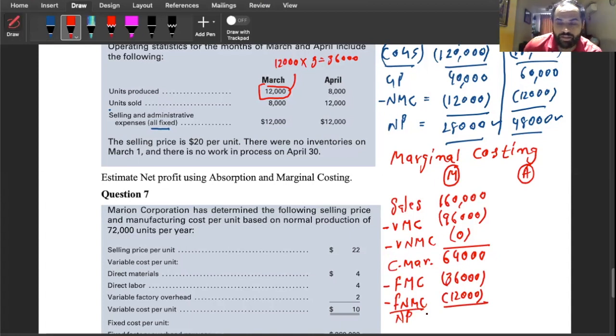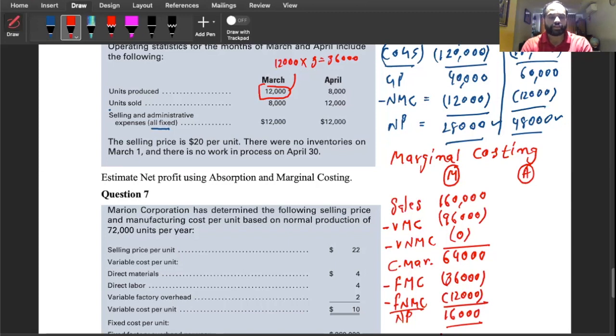Is that 48? 16. Yes, it should be 16. 16 is the profit for the month of March.